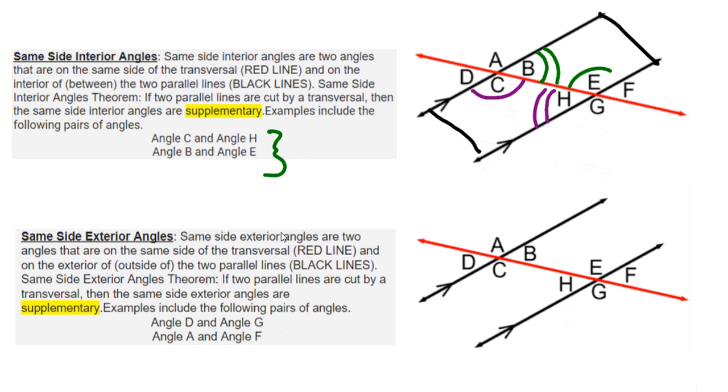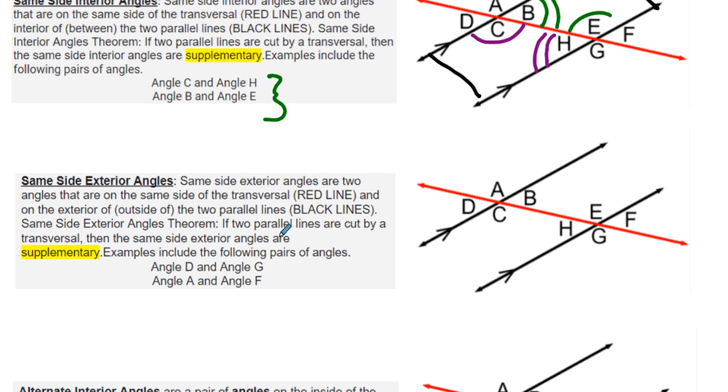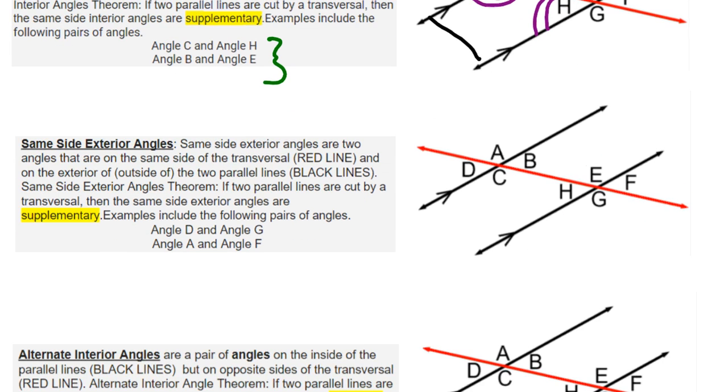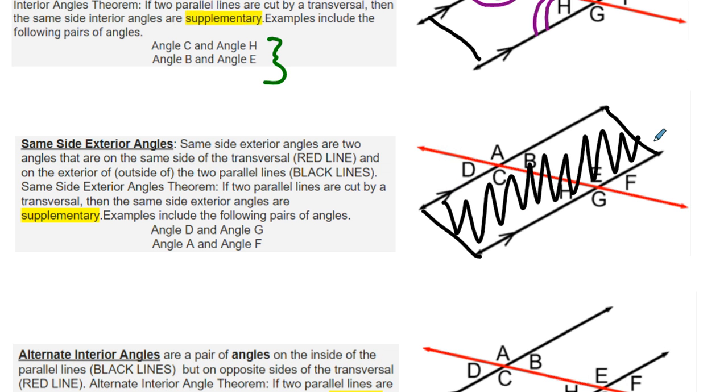All right. If instead we're talking about same side exterior angles, most of you might notice the only word that's changed is exterior. So they still have to be on the same side of the red line, but now they have to be outside of the box. So again, same side exterior, we're no longer considering this.